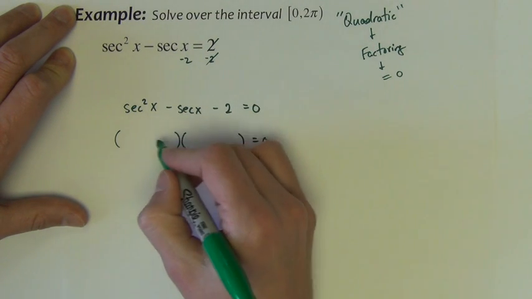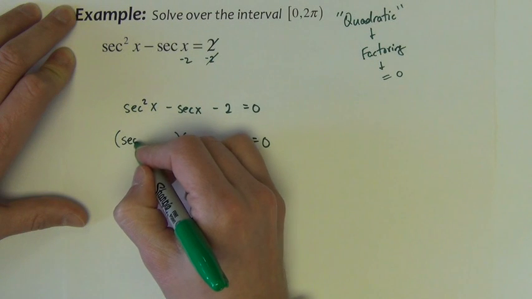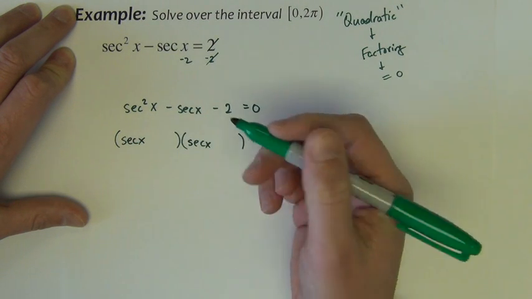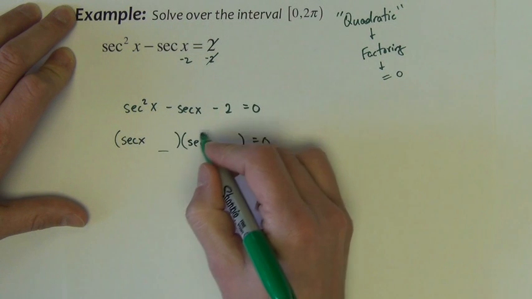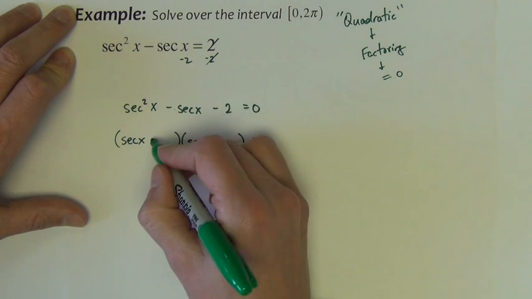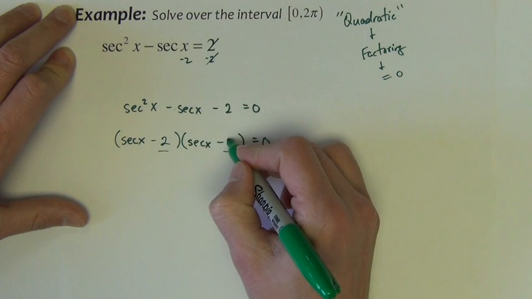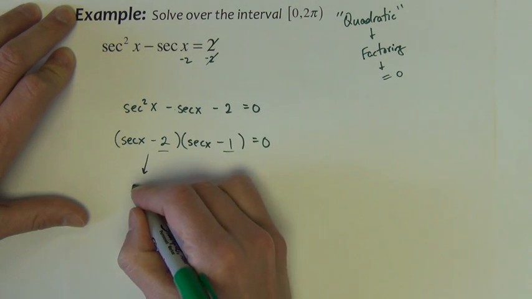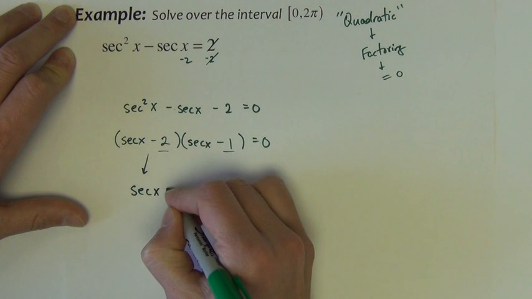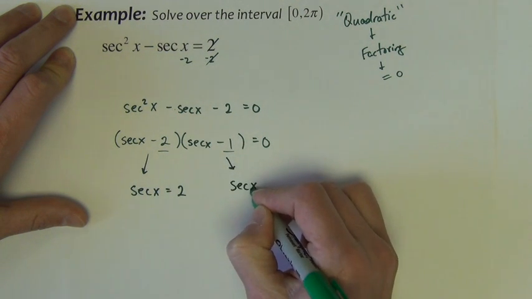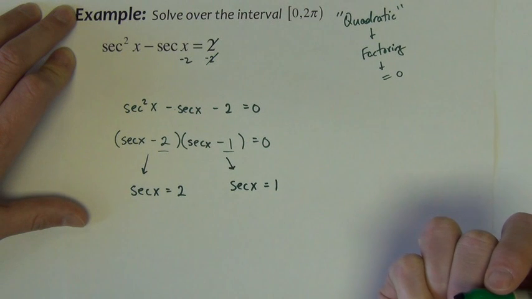Instead of x times x, we're going to use secant x and secant x. We need two numbers here that multiply to -2, add to -1. So we'll use -2, +1. Solving these factors, I have secant x equals 2 and secant x equals -1.